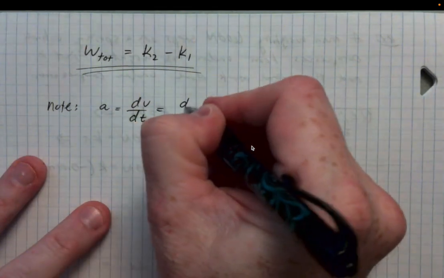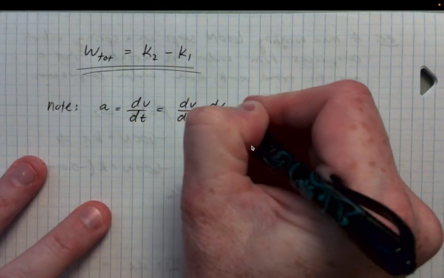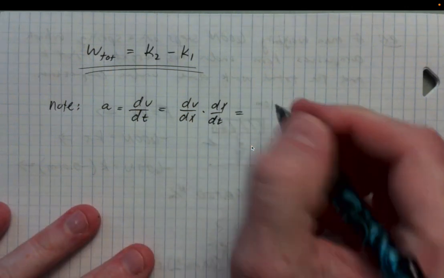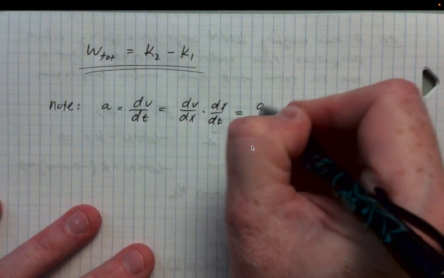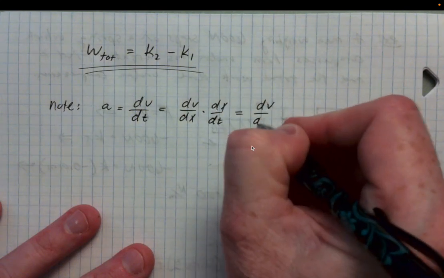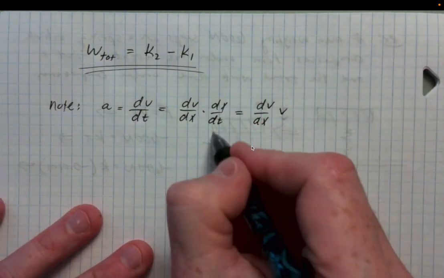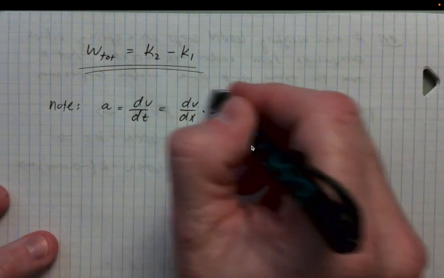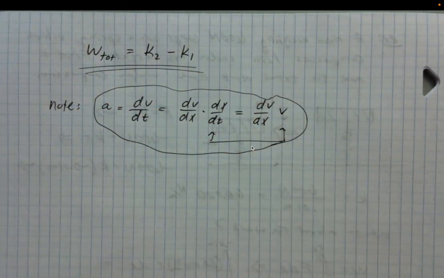We can rewrite this as dv/dx times dx/dt, which is to say acceleration is the change in velocity with respect to displacement times the change in position relative to time. So this is equal to dv/dx times v, where v is just another way to write velocity: the change in position relative to time. This is important, we'll need it for our derivation.